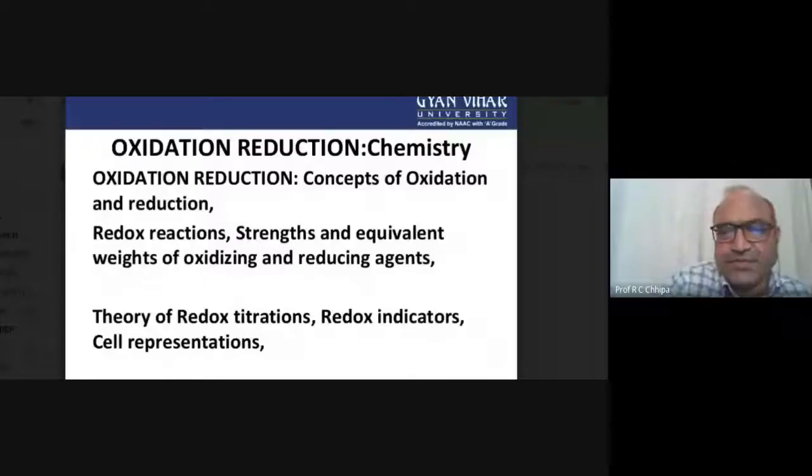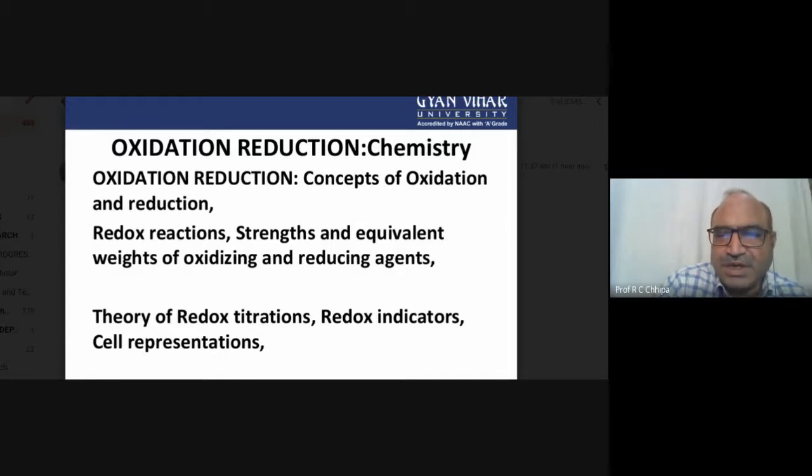The basic concept is addition of oxygen and addition of hydrogen. Oxidation is where oxygen is added, reduction is where hydrogen is added. This is the simple, common concept. Addition of oxygen, oxidation. Addition of hydrogen, reduction.